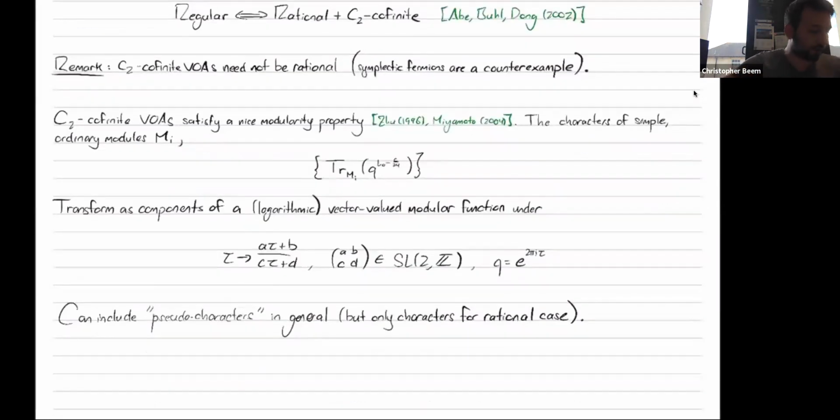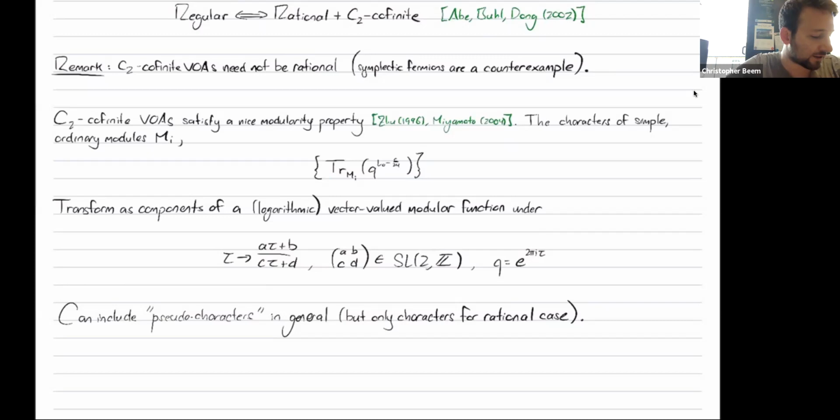There's a nice result due to Zhu and supplemented by Miyamoto, which says that if you have this C2 cofiniteness property, which in principle is not so hard to check, it implies something like the modularity of characters, which is an important property in RCFT. This is the story of how you build modular invariant partition functions in RCFT.